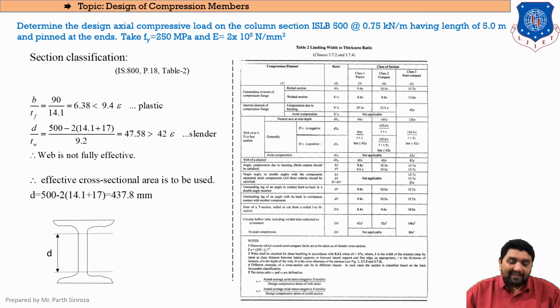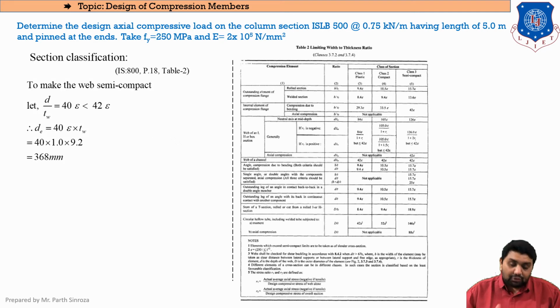So now we will be required to find the effective depth of web, and for that we will be solving this case. That is, we will always use the same ratio, but we will substitute a term that is the lesser value, or one that will be satisfied. Clear? So in this case, as it should not exceed 42 epsilon, we will assume that the ratio that fills, that means d by tw, will be equal to 40 epsilon.